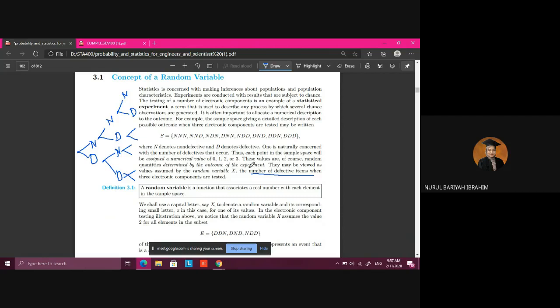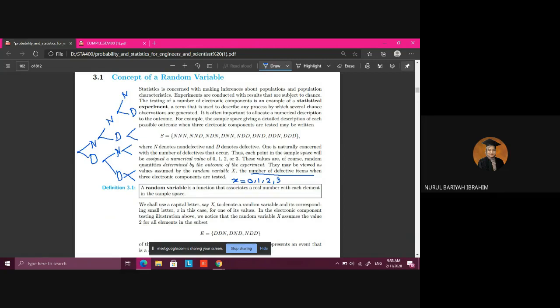The possible outcomes of X are these numerical values, called the possible values of X. Possible outcomes are usually noted with a small letter, small x. So small x is a possible outcome of the variable X. The possible outcomes for the number of defective items: maybe we get 0 defective, maybe 1 defective, maybe 2 defective, maybe 3 defective.